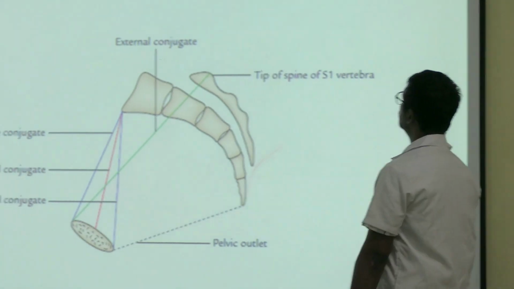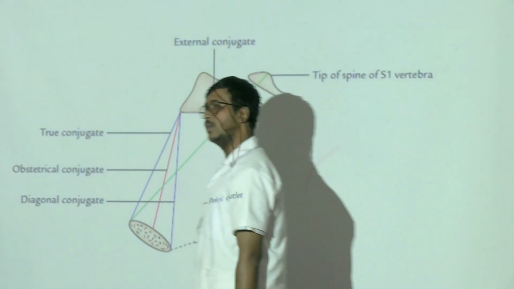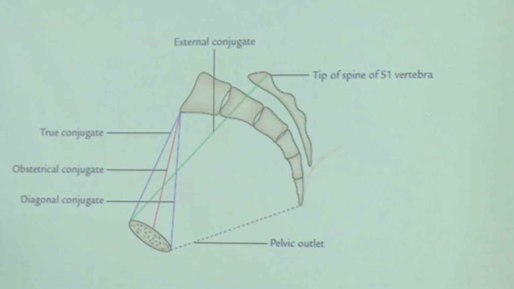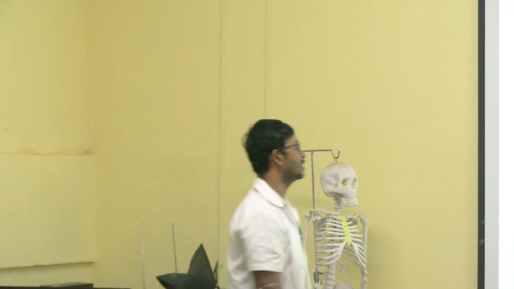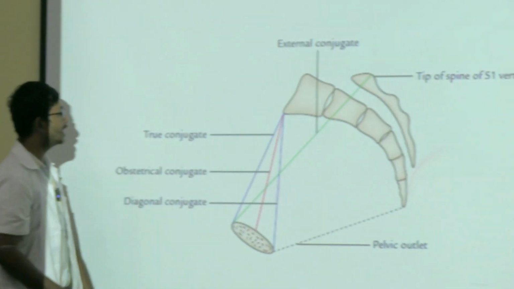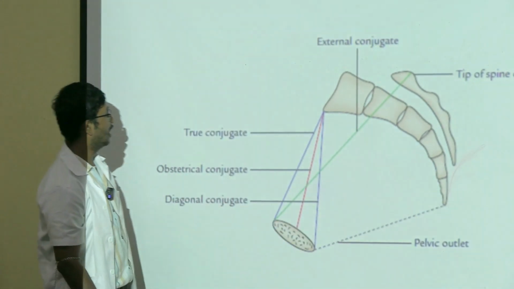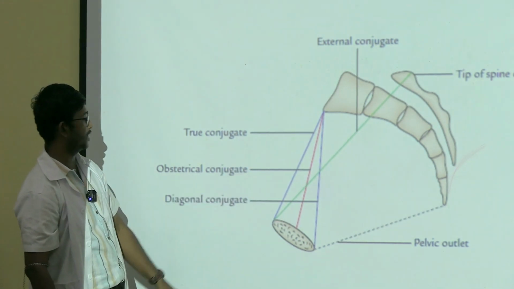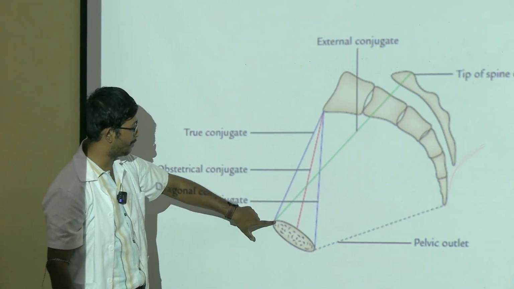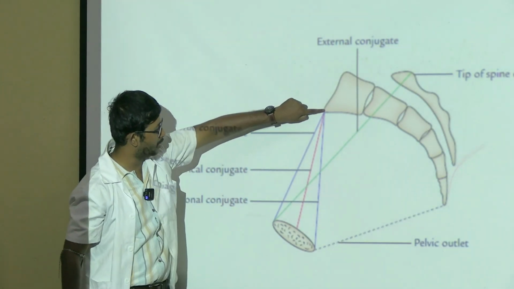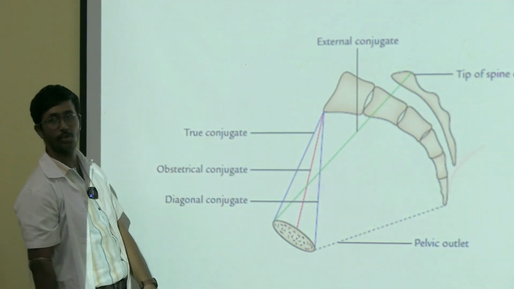Now there are certain conjugate diameters. Conjugate diameters are your anterior-posterior diameters. Basically this is important for a female pelvis. So here you can see, just behind the pubic symphysis, we are taking 3 measurements. One is from just above the pubic symphysis up to the sacral promontory; we are calling it the true conjugate.